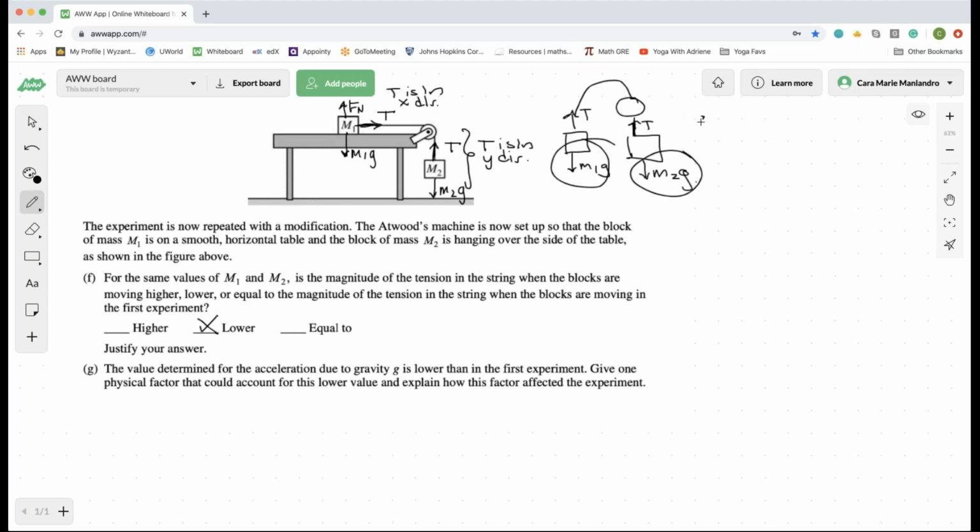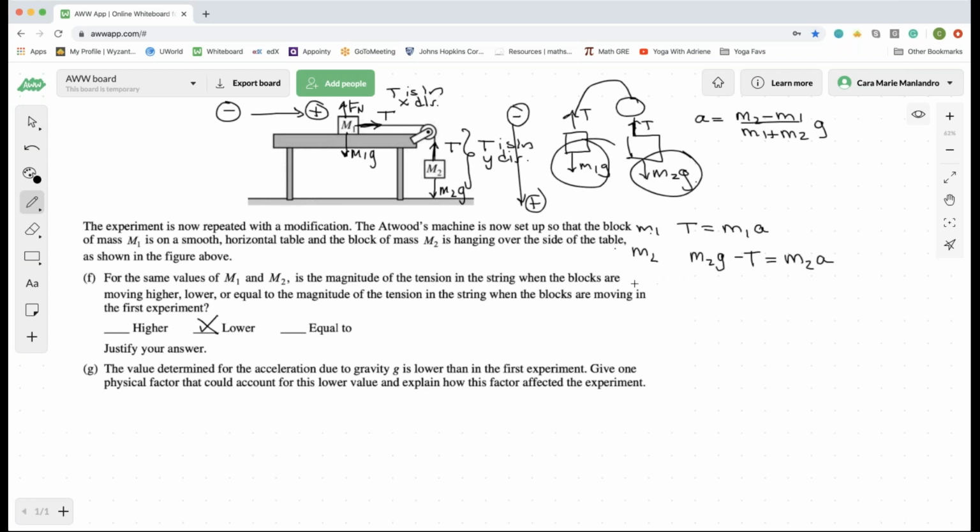All right, so in the first situation, A was M2 minus M1 over M1 plus M2 times G. So let's go ahead and set this up here. For M1, I have tension. Let's make our direction of motion positive and negative. So tension is equal to M1A, right? And then for mass 2, let's make our direction of motion down. So M2G minus T is equal to M2A.